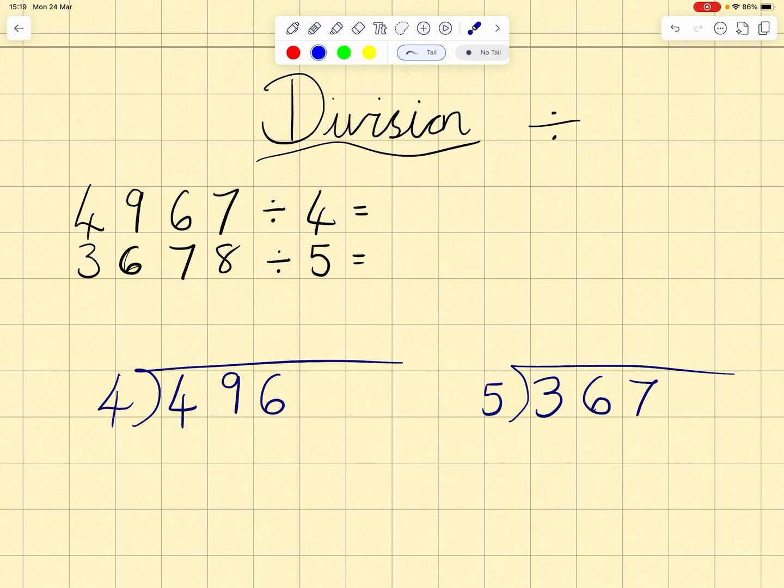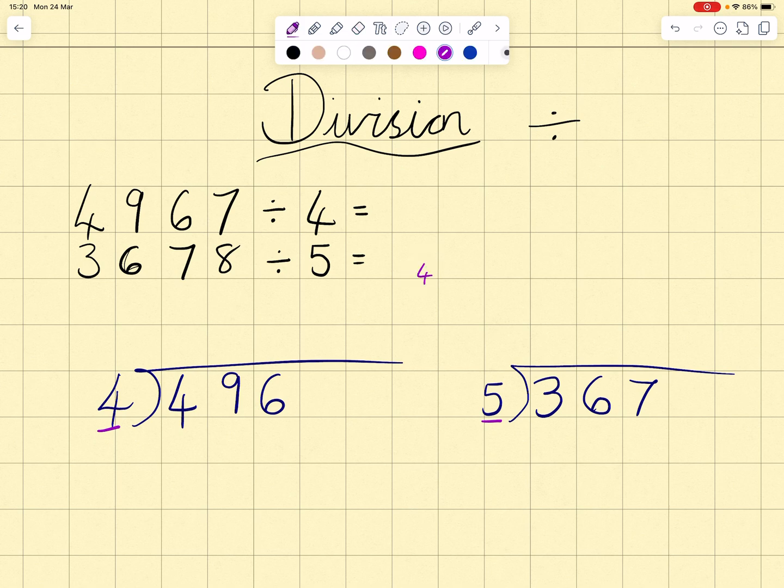I am going to show you a little bit of a visual way if learners are struggling as well. Essentially, it may be easier for your learners to write down the times table that they'd need down the side of their calculation. So here we could write out our 4 times table.